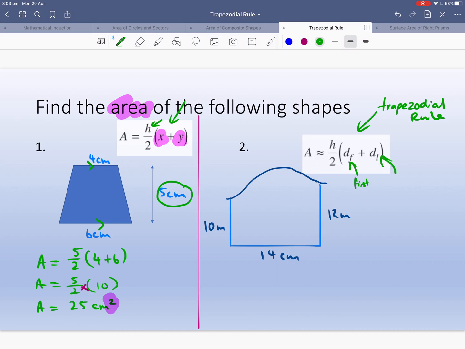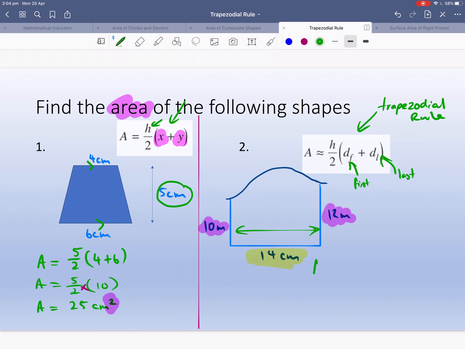And the L means last, all right? So there's going to be a first function value and there's going to be a last function value, all right? Now the H will often be horizontal, okay, as you see here. The H normally will be between two values, all right? So it'll be the distance between those two values.